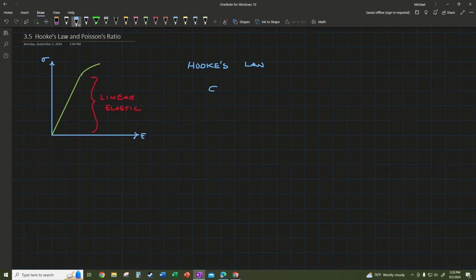So we could say stress equals some constant E times strain, where E is the slope of the linear portion of the stress strain curve. This slope, the E value, we call Young's modulus.